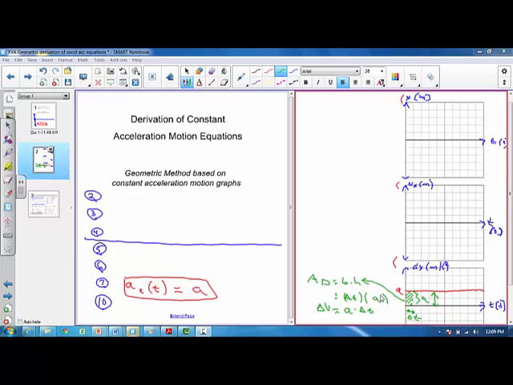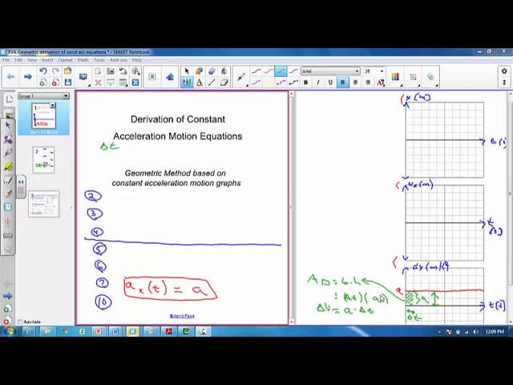One note we want to make when we're working on this is that when we talk about delta t, it means take the final time and subtract the initial time from it. You'll more likely see me use t1 minus t0, where t0 is our initial time.